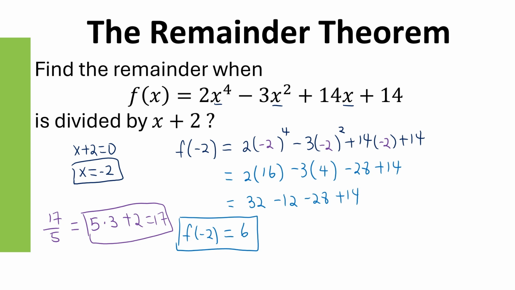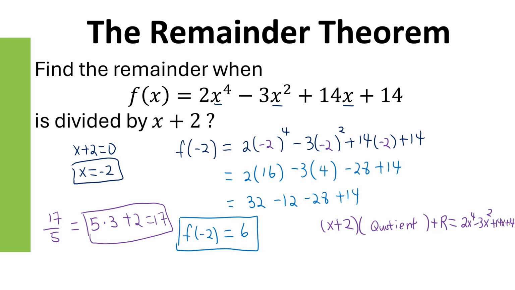So therefore, let's write our polynomial like this. x plus 2 times the quotient, which we don't need to find, plus the remainder is going to give us our function f of x, which is 2x to the fourth minus 3x squared plus 14x plus 14.